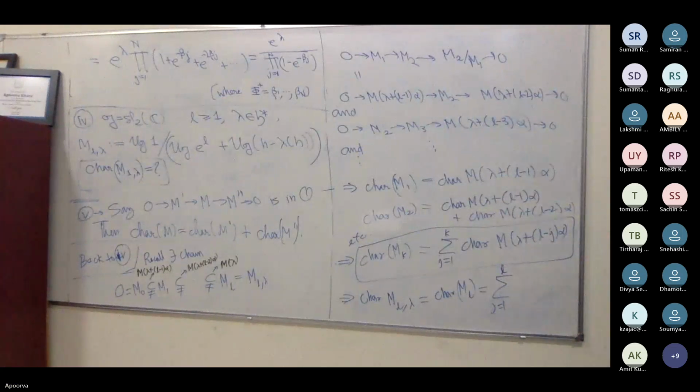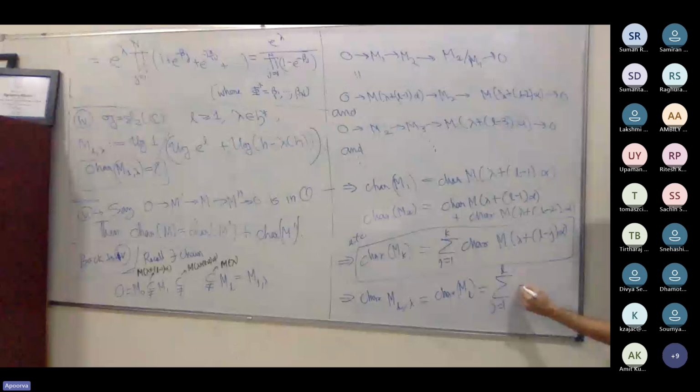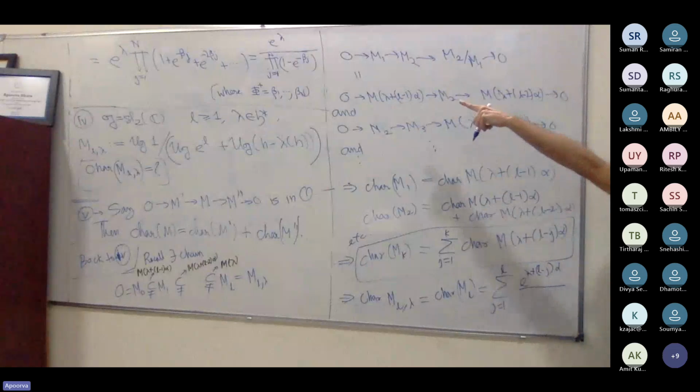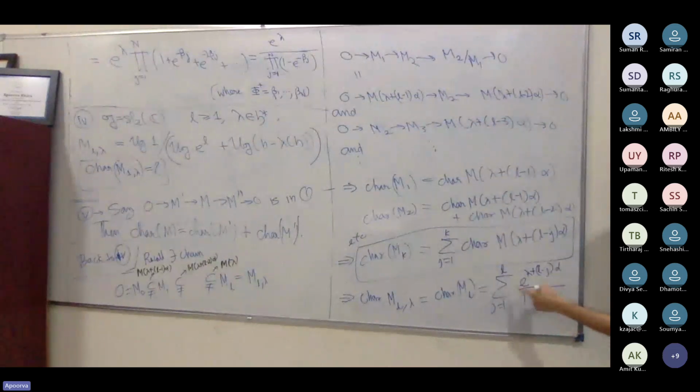That is e power lambda plus L minus j alpha divided by the product over all the positive roots, because this is the character of the one moment, 1 minus e power minus alpha.